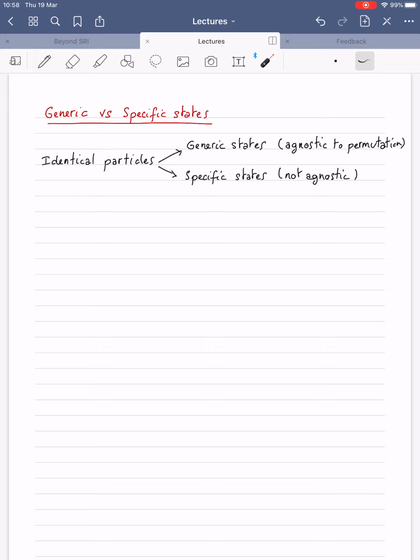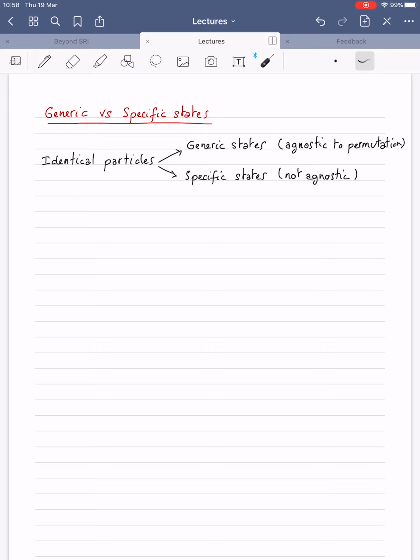So when we have identical particles, that's important here, we've seen that there are two possibilities, okay? Imagine two red particles, one on your left and one on your right, and then you close your eyes, and then you open them again.